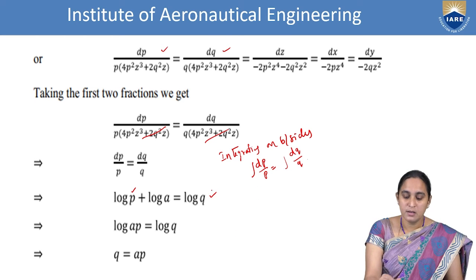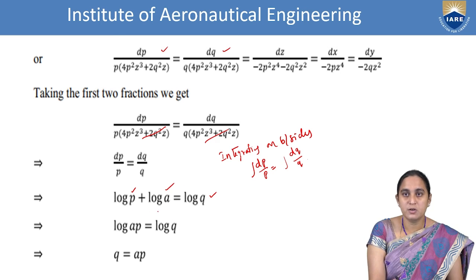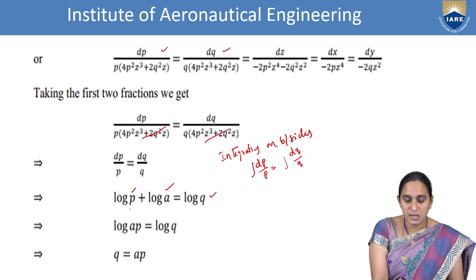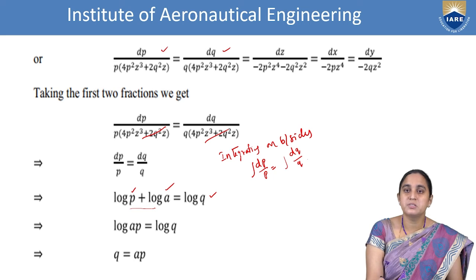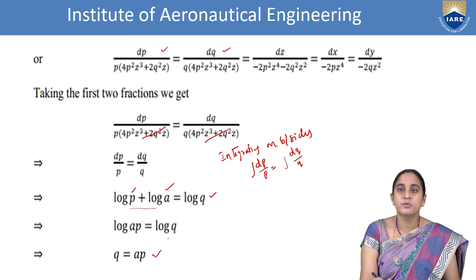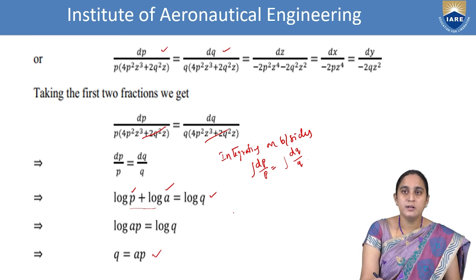And I'll take the constant term also in logarithmic form, as log a. Therefore, log p plus log a is equal to log q. The LHS is in the form log m plus log n, that is log mn, so log ap is equal to log q. Therefore, from that both sides logarithms cancel. Here q is equal to a into p.